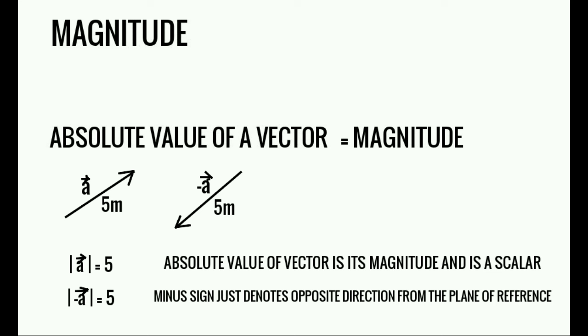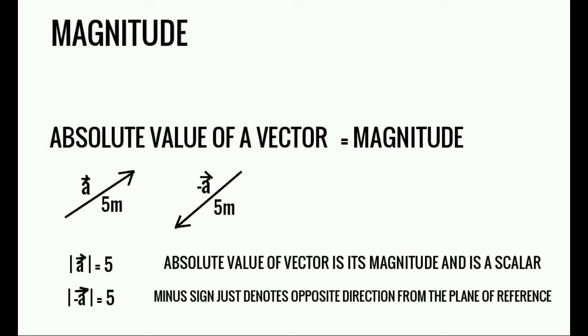For example, you have a vector of 5 meter going in one direction and another vector going in the opposite direction. The distance is the same, but the direction is opposite. But if I ask what the absolute value of this vector is, both absolute values are 5 only.